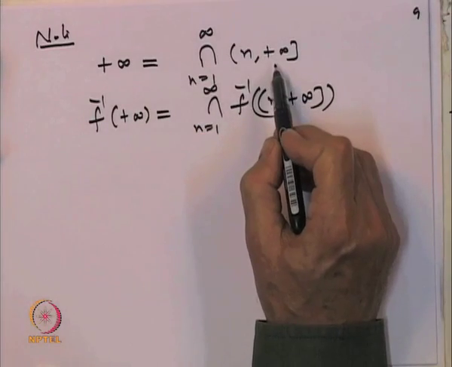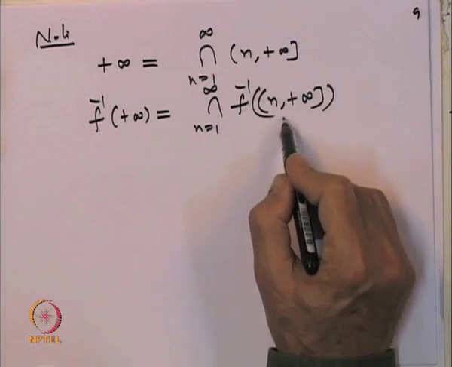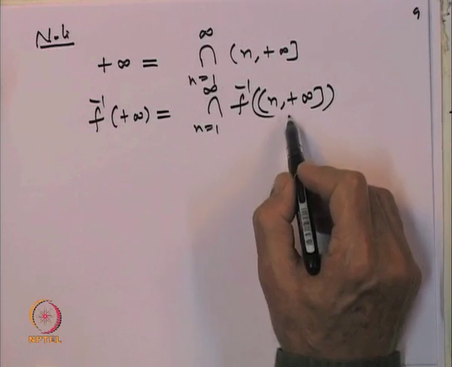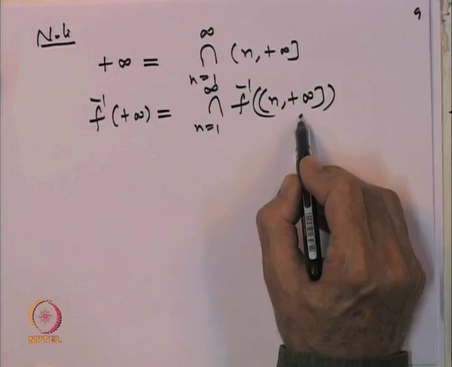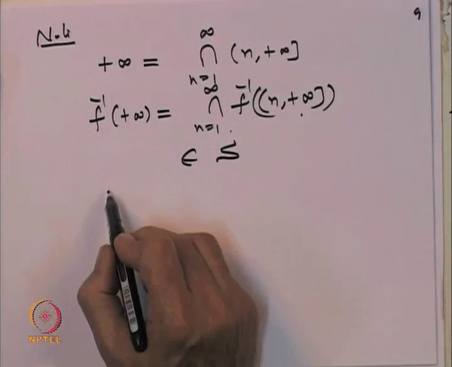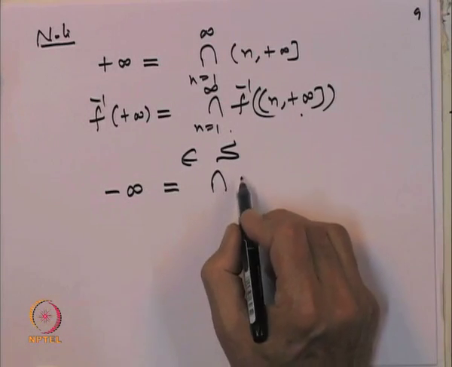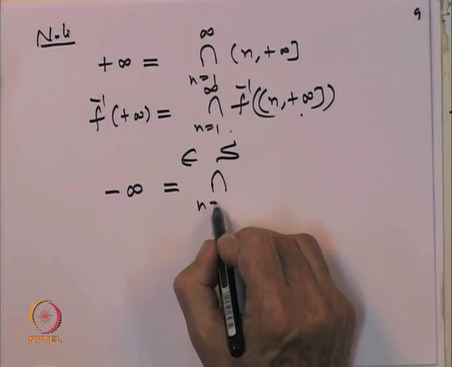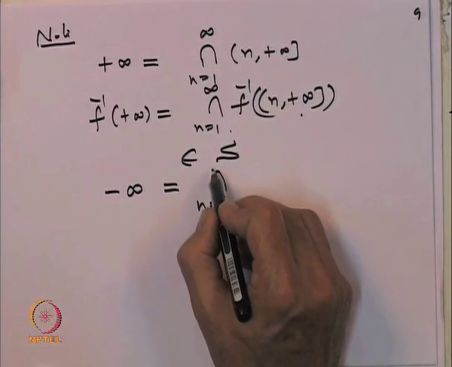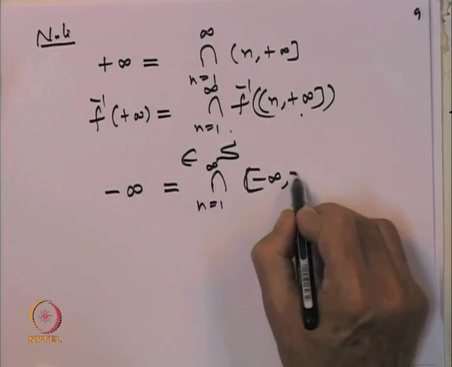F inverse of this is equal to f inverse of the right hand side. The right hand side is an intersection. So, it is the intersection of the inverse images, and each one is an interval. So, the f inverse image of each one of the intervals belongs to S. So, the intersection belongs to S. So, this belongs to S, and a similar argument works for minus infinity, because minus infinity can be written as the intersection, n equal to 1 to infinity, of minus infinity to minus n.